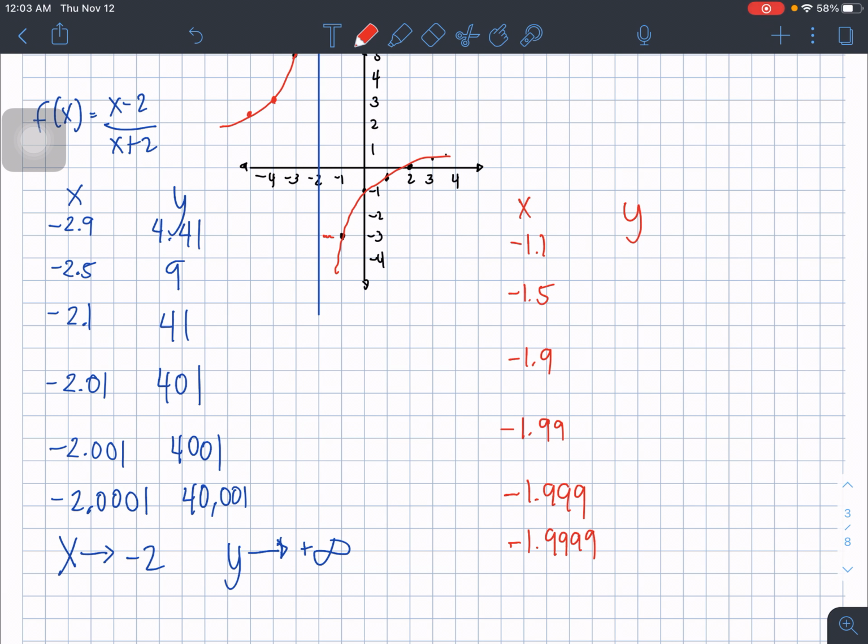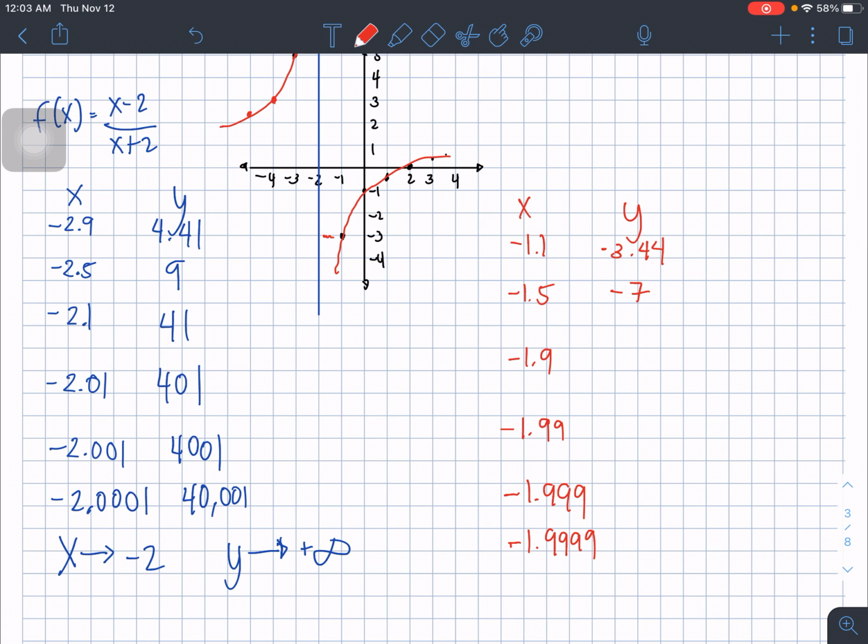So let's try to examine this out. If x is equal to negative 1.1, the value of y will be negative 3.44. If x is equal to negative 1.5, this will be negative 7.